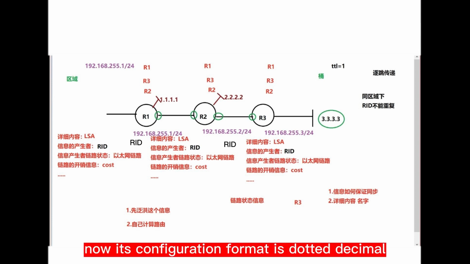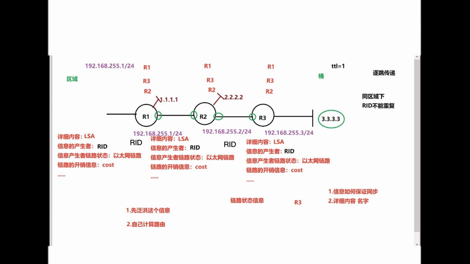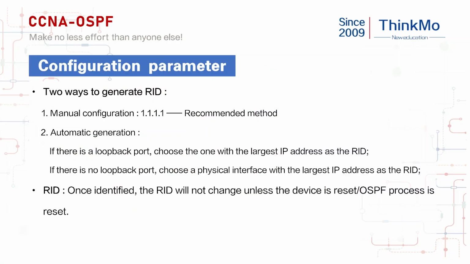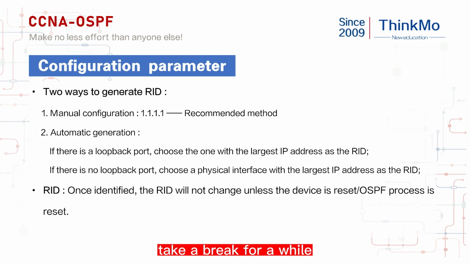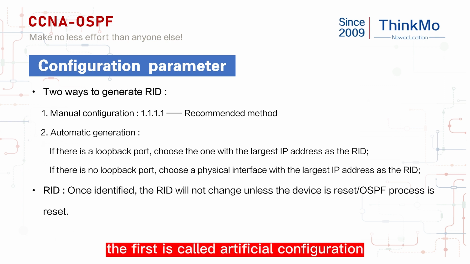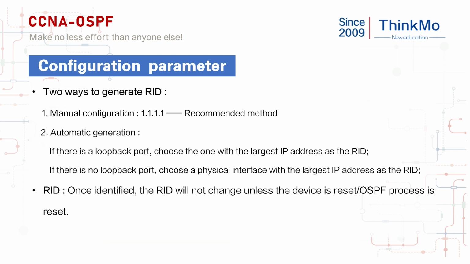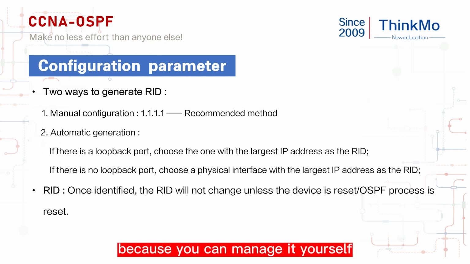Now its configuration format is dotted decimal, but it's not an IP address. For router ID, it can be generated in two ways. The first is called manual configuration. You can manually configure the router ID. We usually recommend this way, because you can manage it yourself.